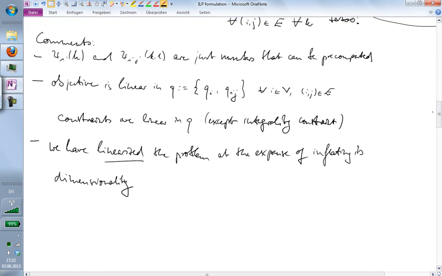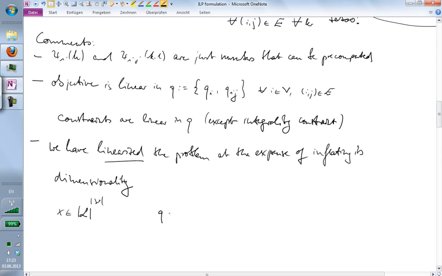So what I mean by inflating the dimensionality, let's say originally we had x, which was in 2 to the power of the number of vertices, or not 2. If we have a larger set of labels, then it was the number of labels to the power of the number of vertices.